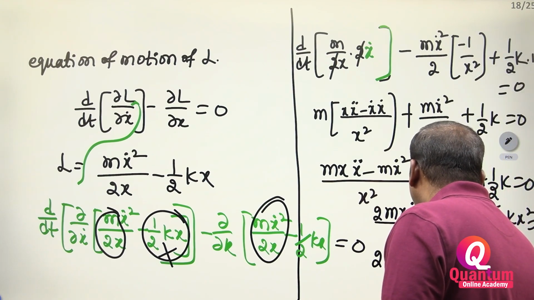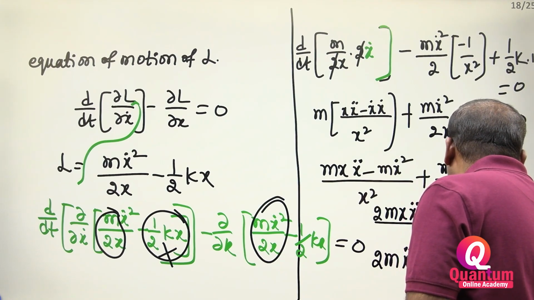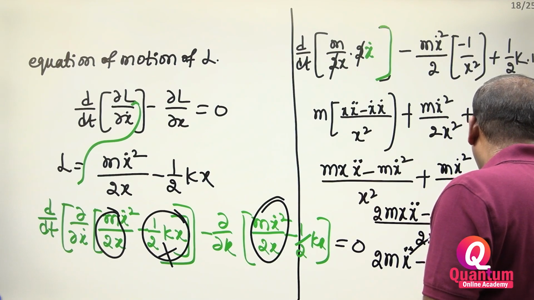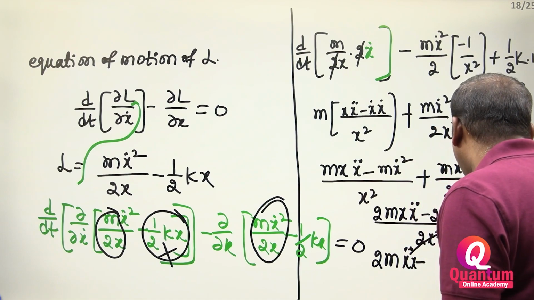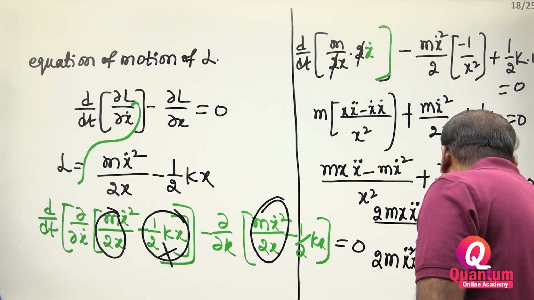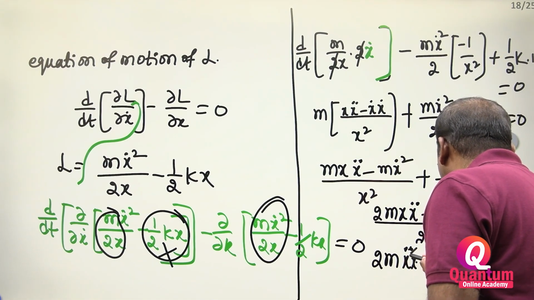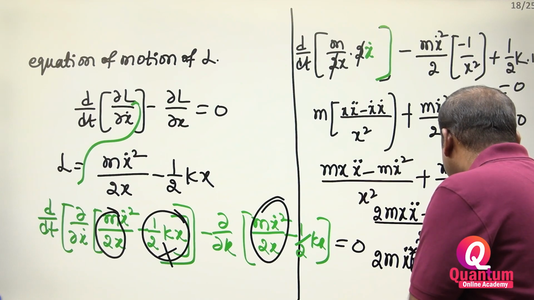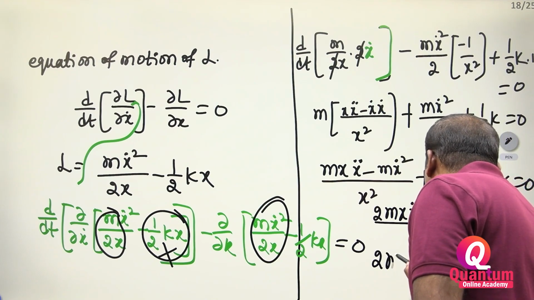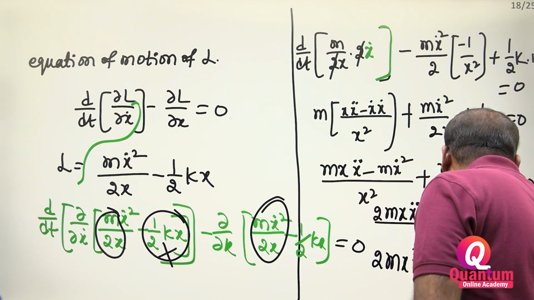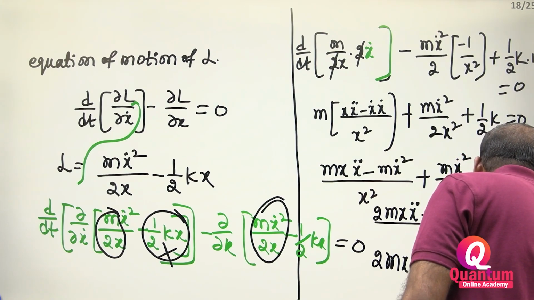Here 2m x double dot minus m x dot square, you remove this one, here 2x square, so that's why you have to take x into x double dot, this is the minus. So the result is 2m x double dot minus m x dot square plus kx square is equal to 0.